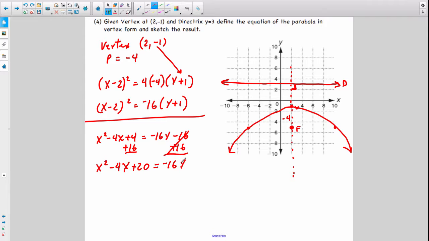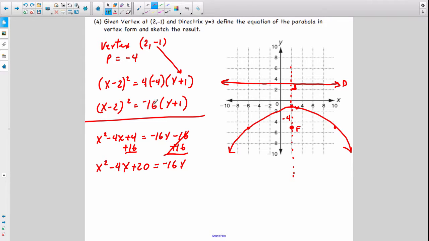Now, this is the point I wanted to stop and just mention a little bit of value add here. Pro tips. You know this parabola is opening downward, right? So why was that negative p so important? It came in right here, right? Here's my negative p. The reason why it works out is because this will then become negative.